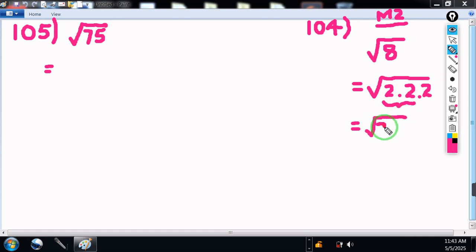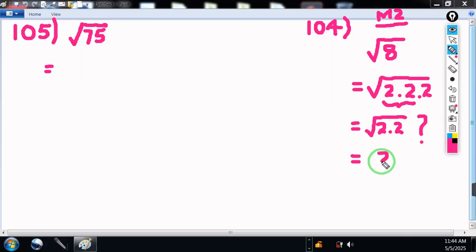We'll group the 2 times 2 together. Afterwards, I'll be handling here. That part I'll handle later, but I'm doing this part here. When you root the 2 times 2, the answer is actually 2.